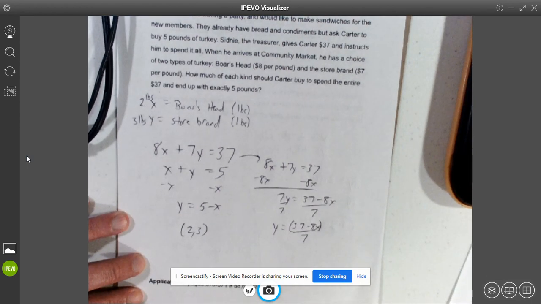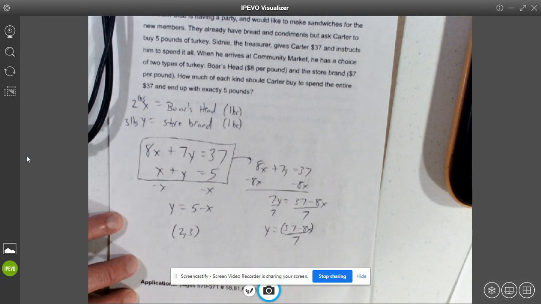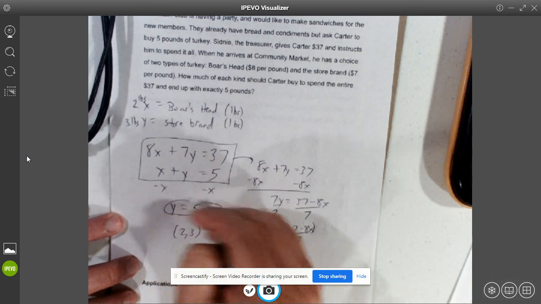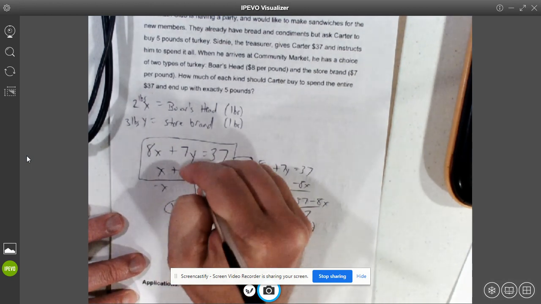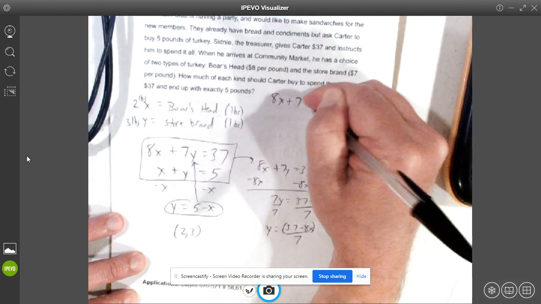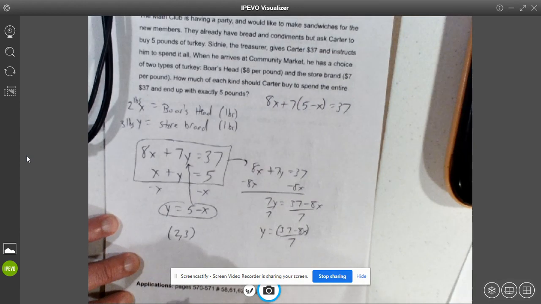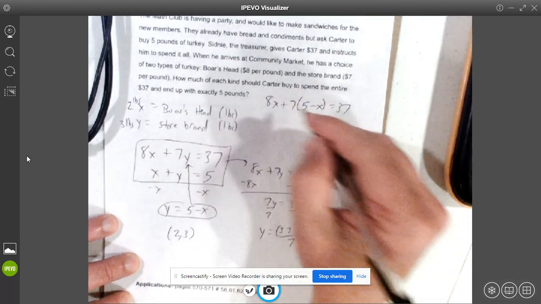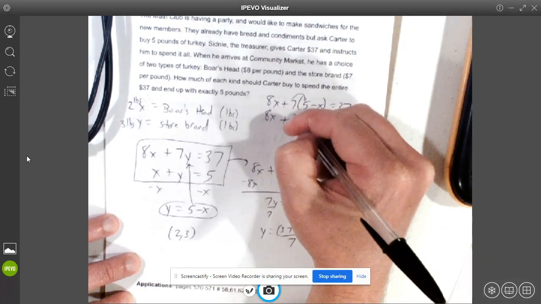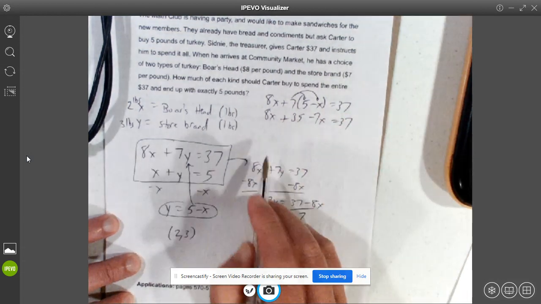Now, just real quickly, to show you how to solve this without technology. I'm going to do this one by substitution because I already got y by itself. So I'm going to take that y and substitute it right there. That becomes 8x plus 7 times (5 minus x) equals 37. Now I can solve this equation for x. I distribute. I get 8x plus 35 minus 7x equals 37.